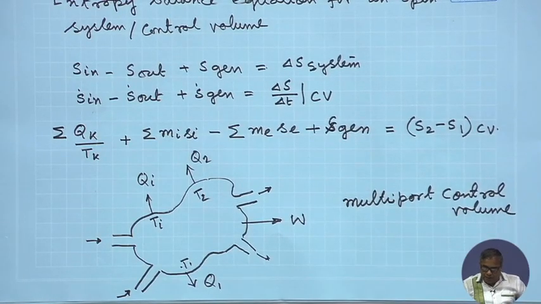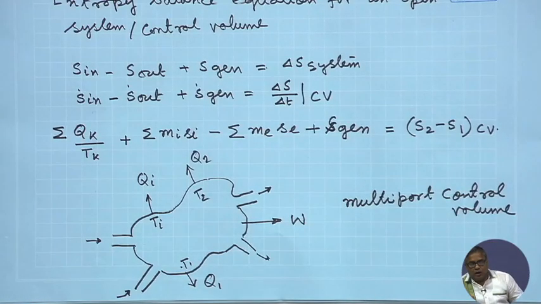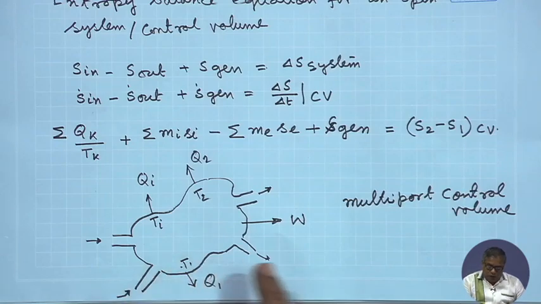There are many examples in industry, and many examples from the domain of waste heat recovery. Let us say we are considering some sort of heat exchanger. A heat exchanger will have 2 inlets and 2 outlets. So, this is a multi-port control volume.